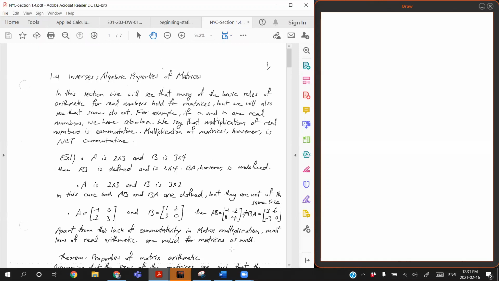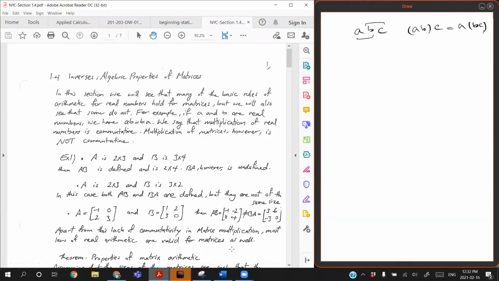There you learned about the associative property of real numbers. For example, if you have ABC, this is not ambiguous. You can do A times B first and then multiply that by C, or you can do A times BC. It doesn't matter which two you associate first.